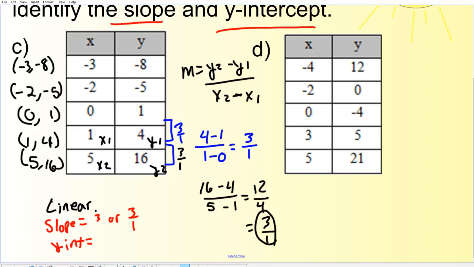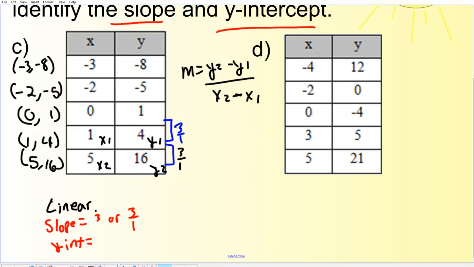Y-intercept, well, maybe a little trickier. Now, I will tell you, the y-intercept is actually given to us in the table. If you imagine making a sketch of this, and I plot some points, I'm just sketching: (0, 1), (1, 4), (5, 16), (-2, -5), (-3, -8).